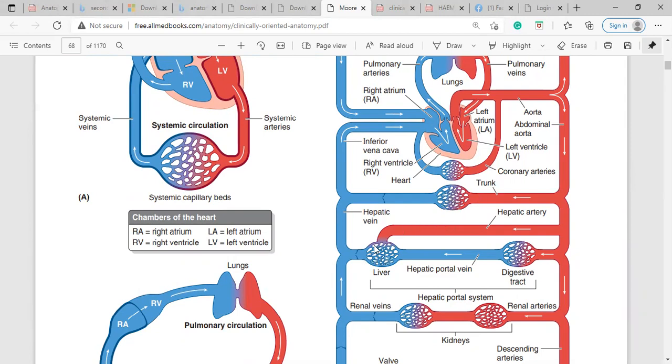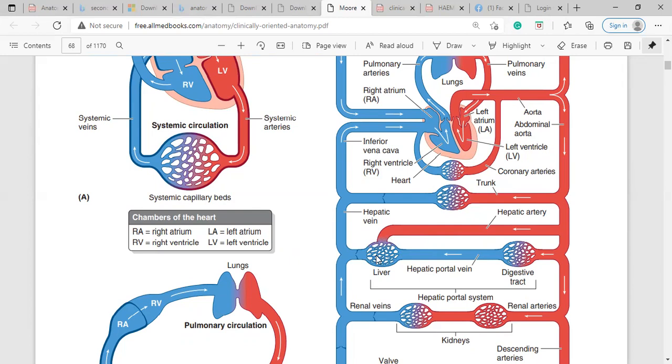But the major organs like the liver will have the hepatic artery. Hepatic artery. So if they ask you which artery takes blood to the liver, it is called the hepatic artery. And this hepatic artery is coming from this abdominal aorta, or coming from the aorta, right?